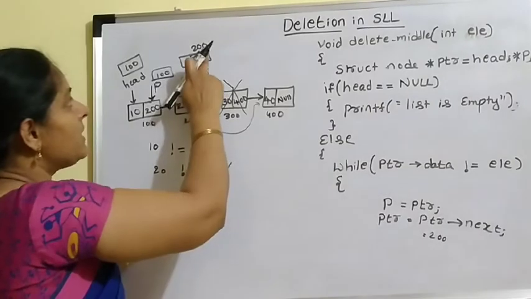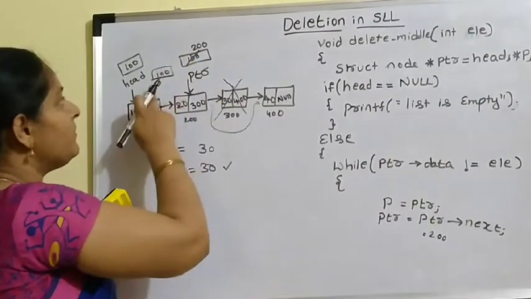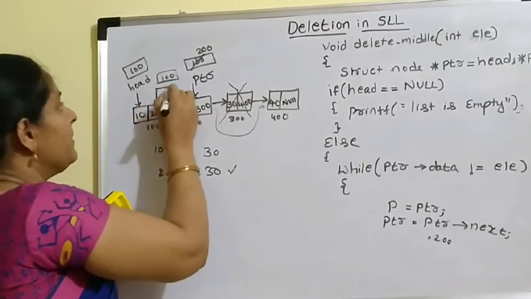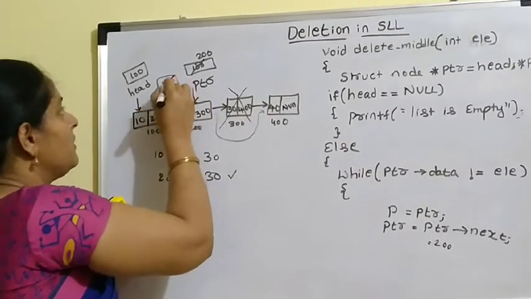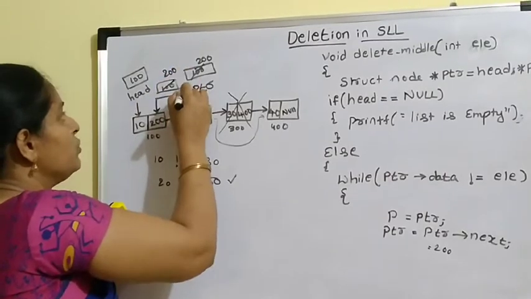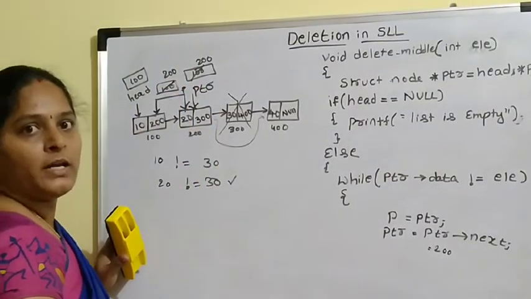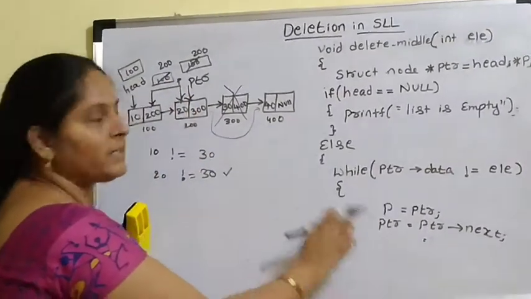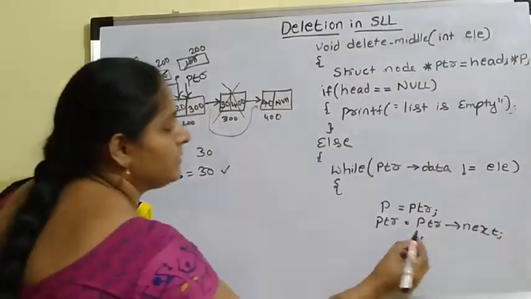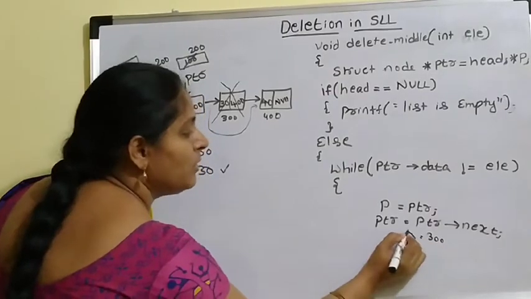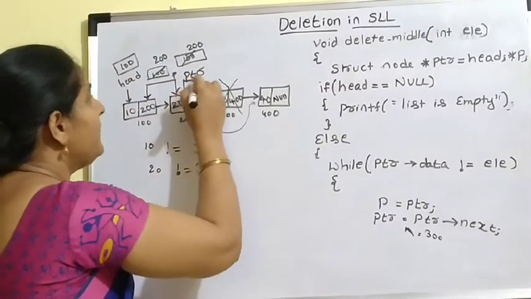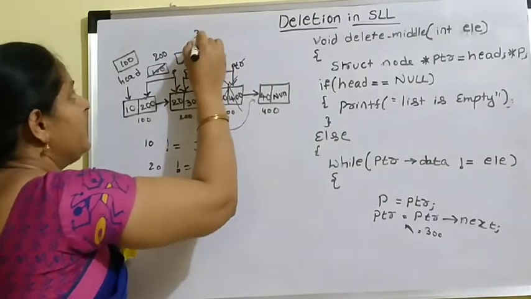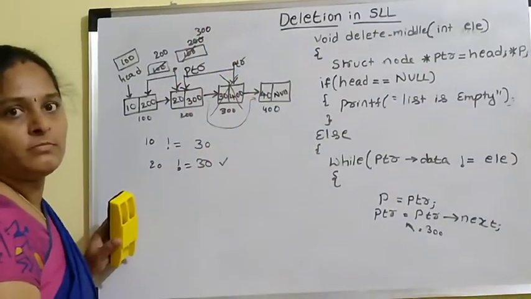The PTR address now is 200, so that 200 we give to P. That means P moves to this position and becomes 200. Now PTR next is 300, so that 300 we assign to PTR. That means your PTR comes to this position.